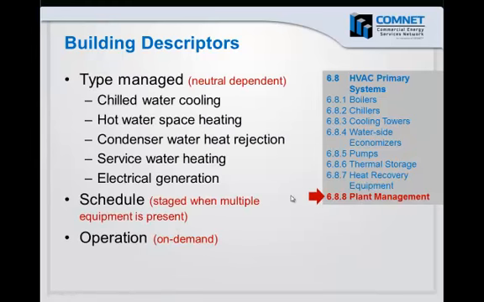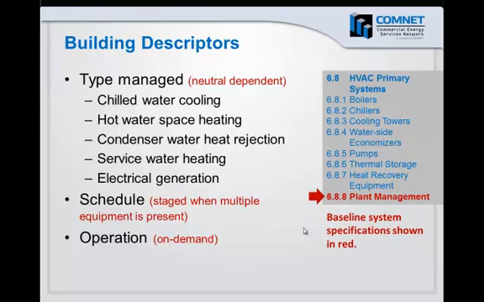Finally, plant management. This is when you've got multiple pieces of equipment. This indicates how they're sequenced, and the type of equipment that's managed is neutral dependent, which means that whatever you do in your rated building, you do the same in your baseline building.